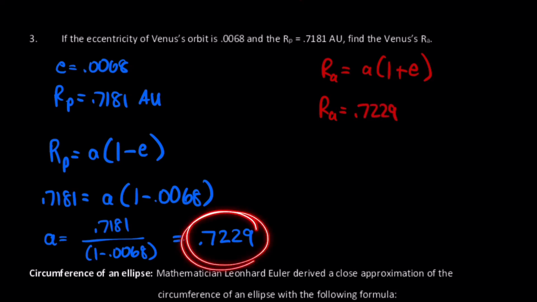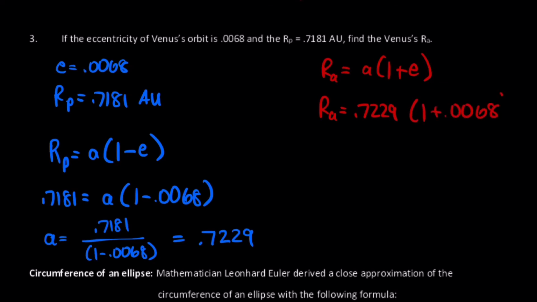So again, to avoid rounding errors, hopefully you still have that number in your calculator. Don't round it and retype in 0.7229. Just take your last value and then do times 1 plus 0.0068. And again, just throw all that into the calculator. And for RA, I got 0.7278 to the 4 places, astronomical units.